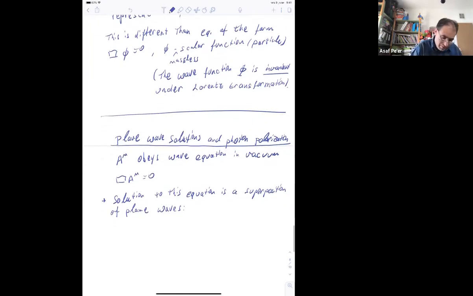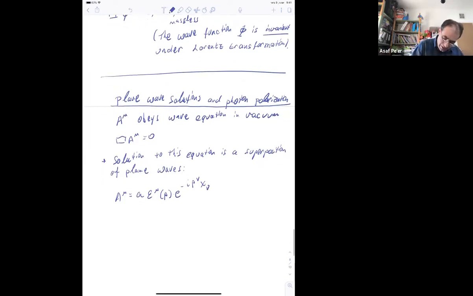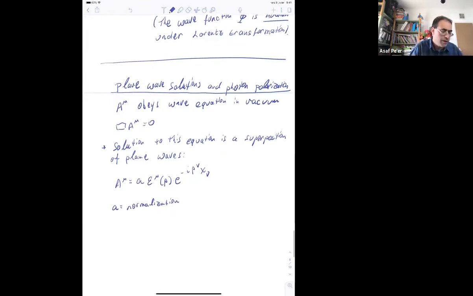So I can search for a solution which will look like A mu equals some constant A, times epsilon mu of P, times the plane wave e to the minus i P nu X mu. A is a normalization that carries the dimension. P nu is the photon four-momentum.